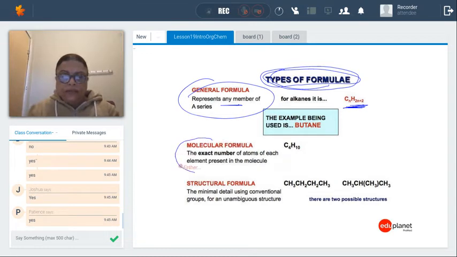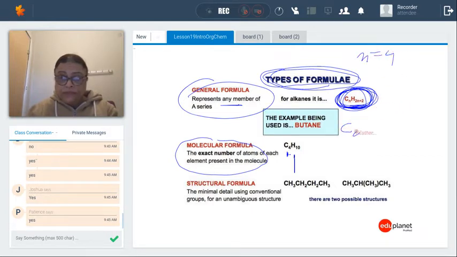And then we have the molecular formula that is telling you the exact number of atoms of each element in the molecule. Like here, 4 carbons, 10 hydrogens. So it is a member of this family because if you take n is 4, we have C4, H, 2 times 4 is 8, plus 2 is 10. So this represents everybody.